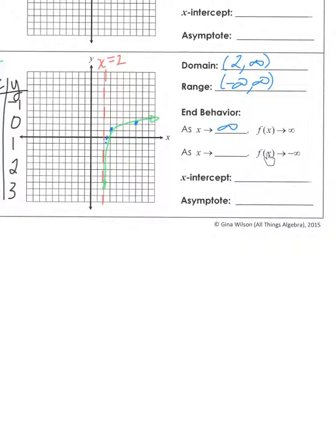Then where does y approach negative infinity? Here, y is going down, and as y is going down, x is getting closer and closer to 2. So 2 is the left-hand behavior. Then your x-intercept is going to be (2.2, 0), and your asymptote is x equals 2.